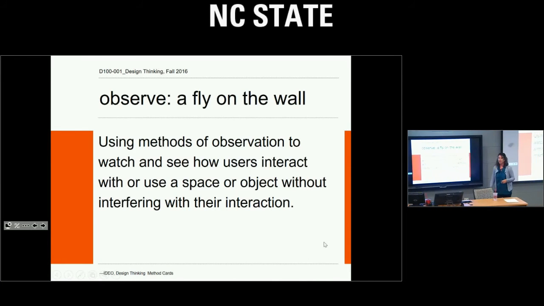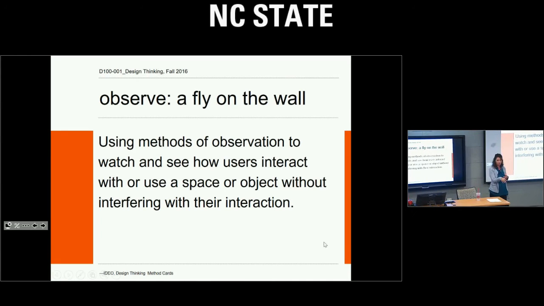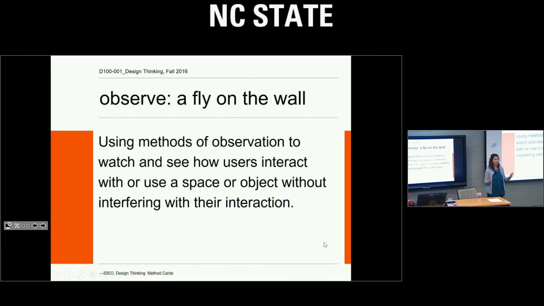Another method is a fly on the wall. This is the kind of thing a lot of you are probably going to be doing in this first assignment. You're not going to intrude in everyday life. You're going to sit back and watch how users interact with a product, a space, or an object without interfering.